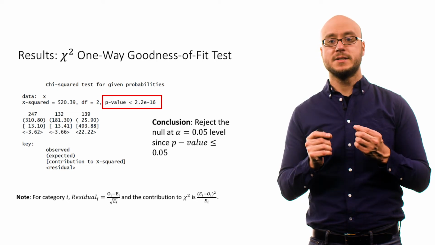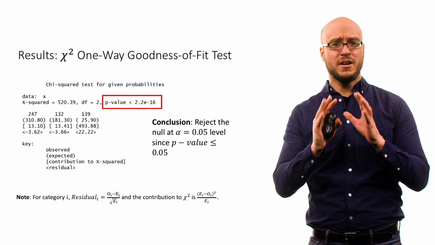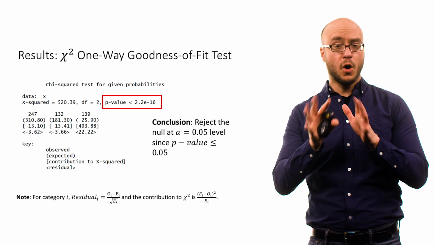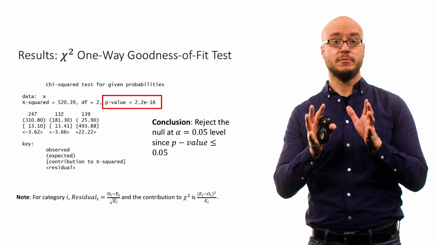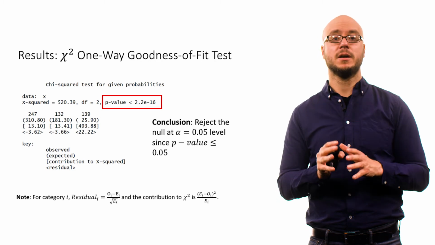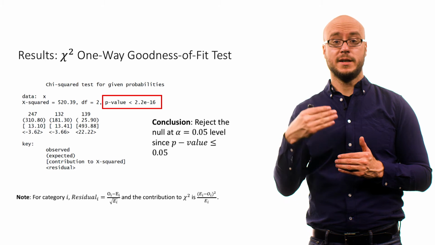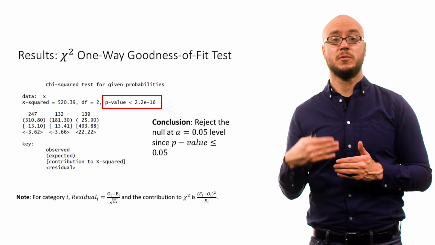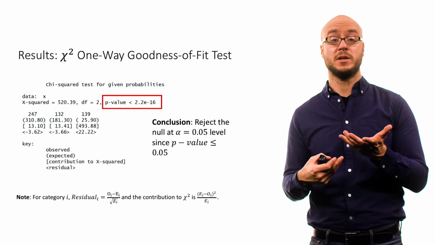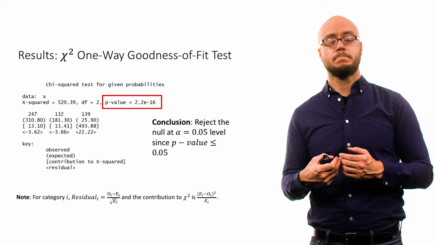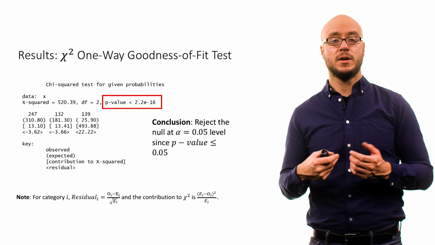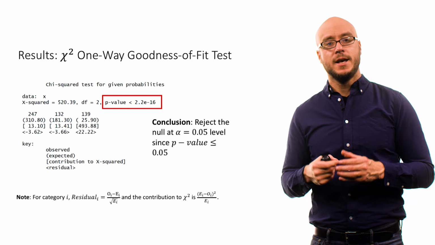All that's really telling us is that the p-value is very, very low. It's almost 0. You can basically round down to 0. It's nearly 0, which tells us that that's much lower than alpha, and it tells us the probability of obtaining the test statistic we observed, which is 520.39, is inconsistent with our null hypothesis.